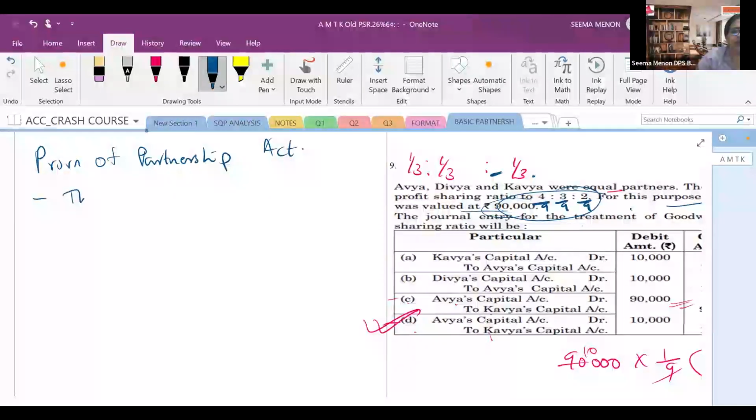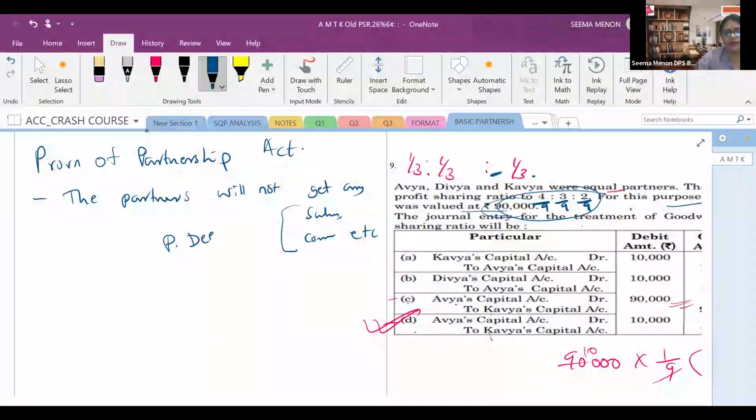The partners will not get any salary or commission, etc. if it is not mentioned in the partnership deed. If it is not mentioned in the deed, they will not get. Okay. Then not only the salary and commission, they will not get any interest on capital also. They will not pay any interest on drawings.